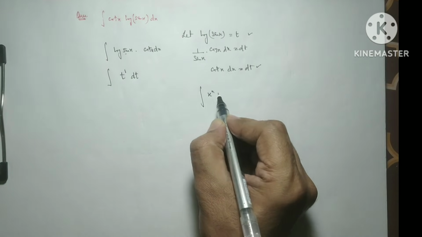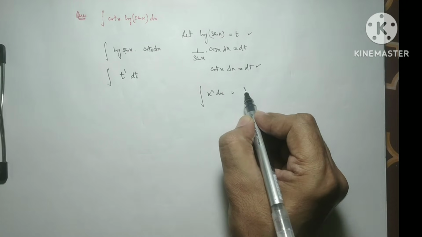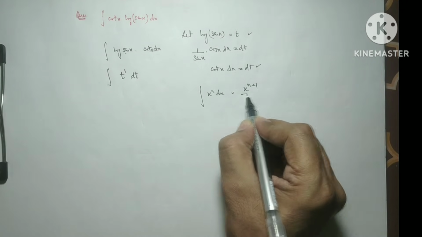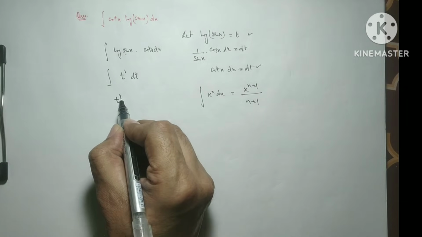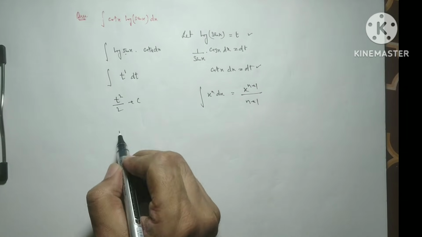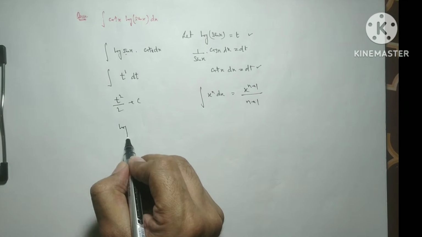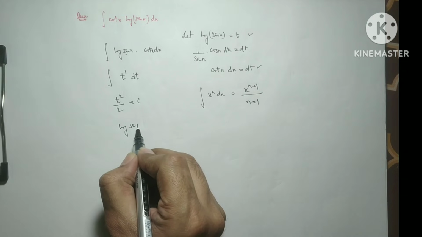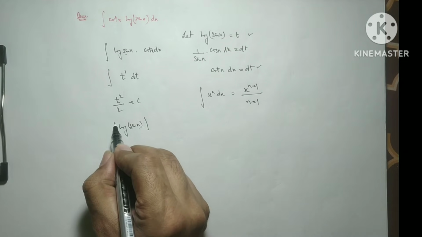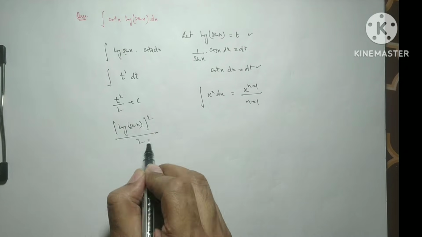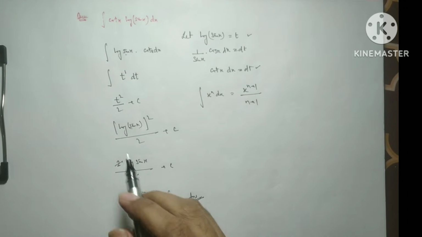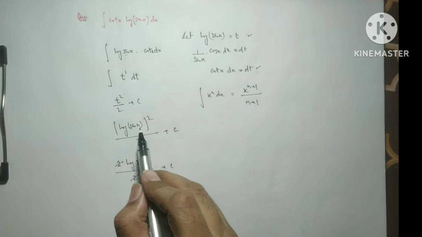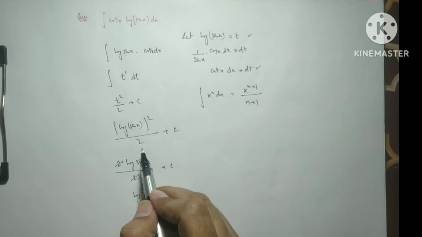The integral of x to the power n dx is x to the power n plus 1 over n plus 1. So it becomes t square by 2 plus c, and t is log sin x. So it is log of sin x whole square by 2.